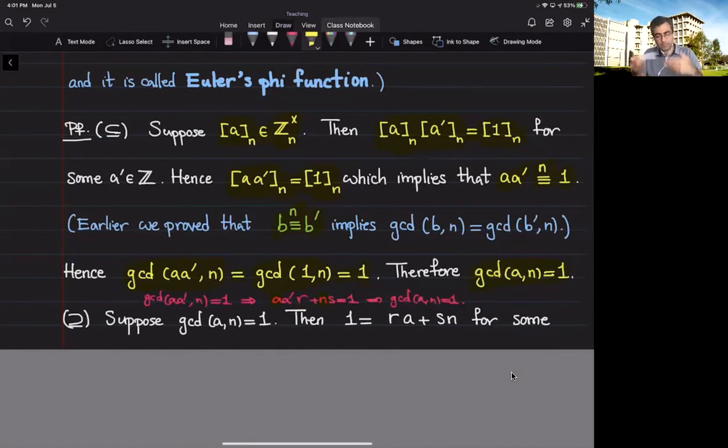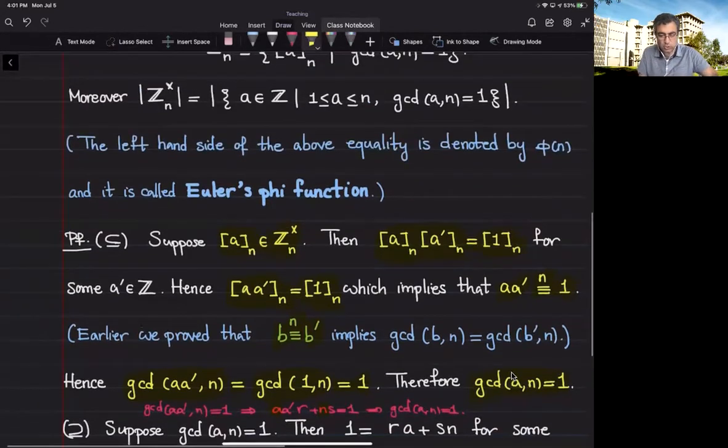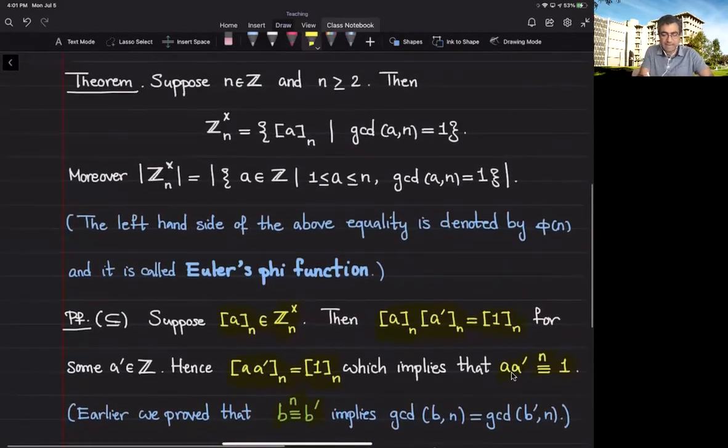In any case, we proved that if the residue class of A is a unit in the set of integers modulo n, then GCD of A and n is 1. Now I want to show the other way around.